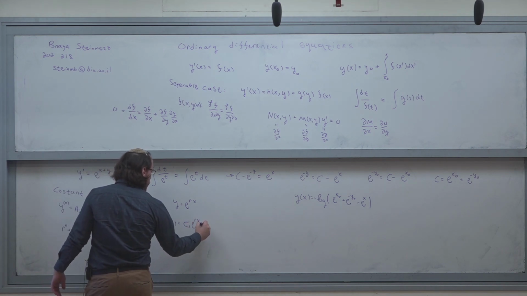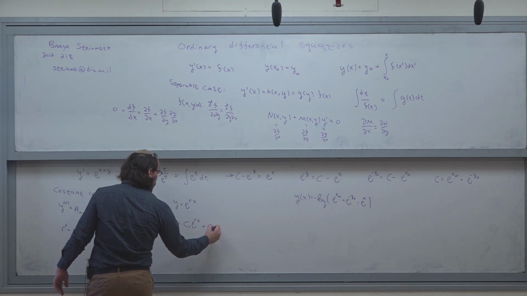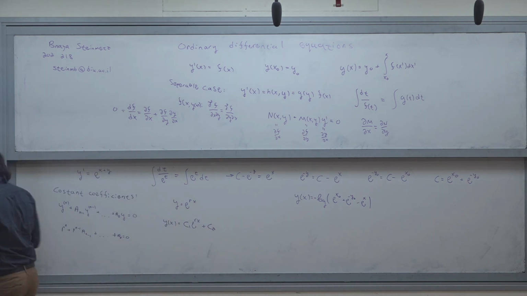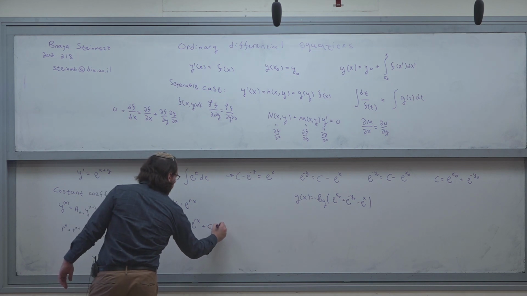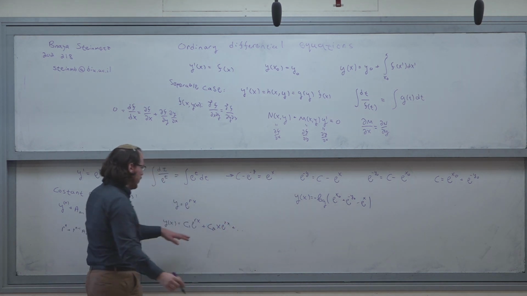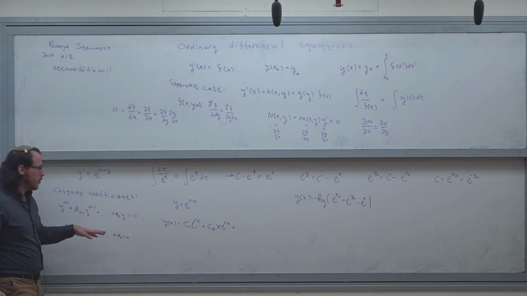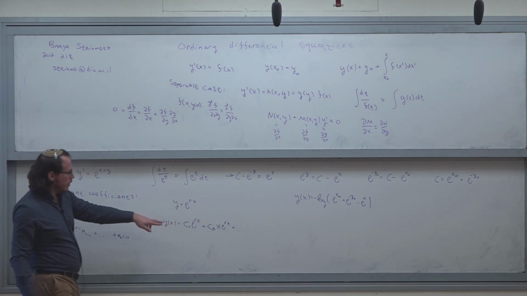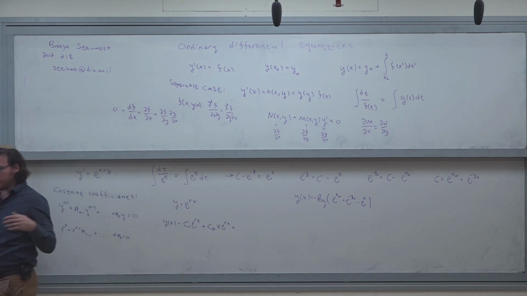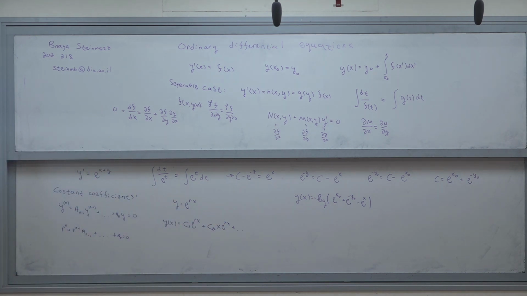If we have multiple roots, it would still be a solution. If e to the rx is a solution, then every other power will also be a solution, so we should add more and more complicated terms.